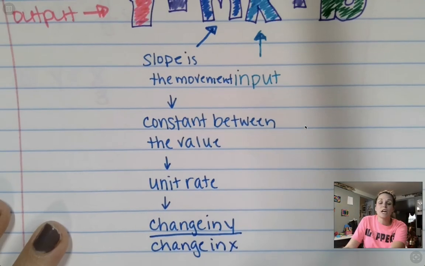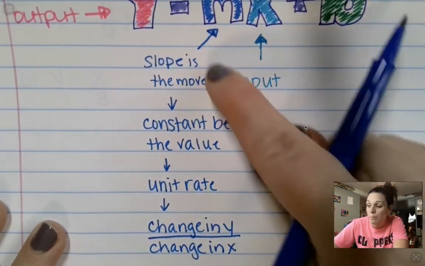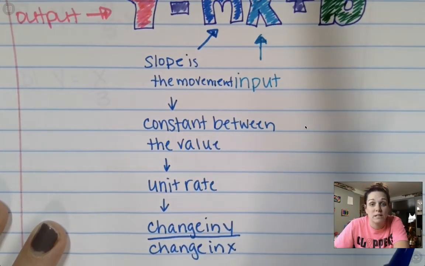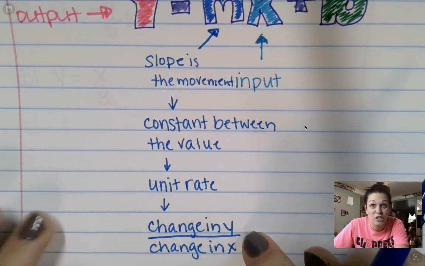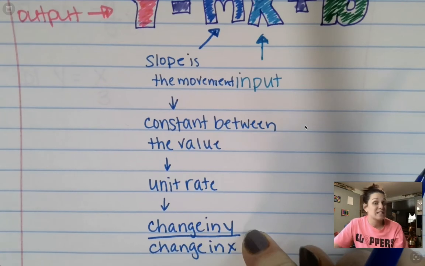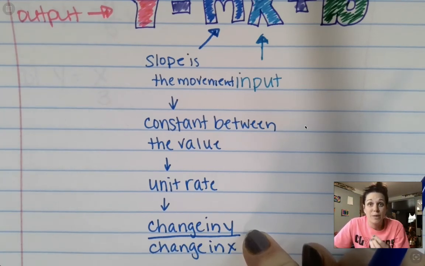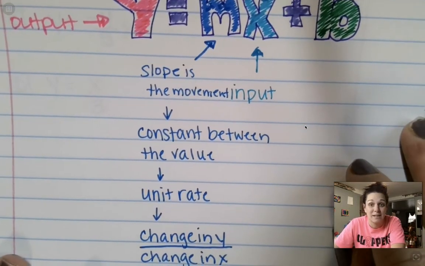You need to understand that this little letter M represents all of this. It is the constant, the unit rate, the rate of change, the change in y over change in x that gets applied to the values. It's my hourly rate, it's the price per apple, that single value that is consistently being used over and over again, which is why it's getting multiplied to that x.